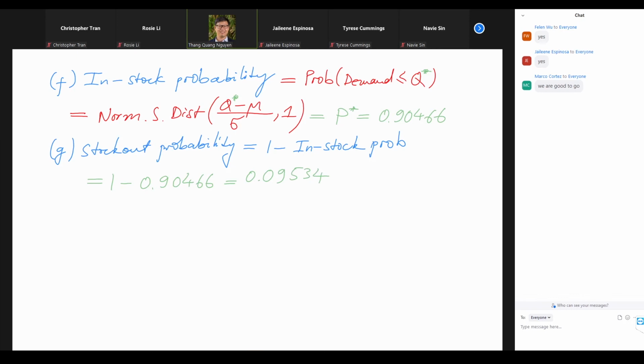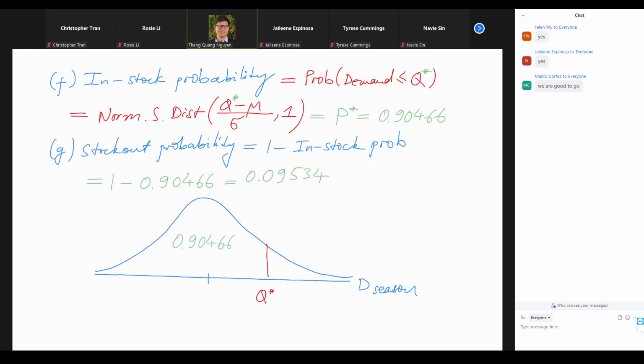So at the end, we just put the two numbers into the diagram. Actually, you already have it earlier. We just do it one more time. So this is the demand during the season. So if we carry at Q star, right, then the service level or the in-stock probability will be 0.90466.